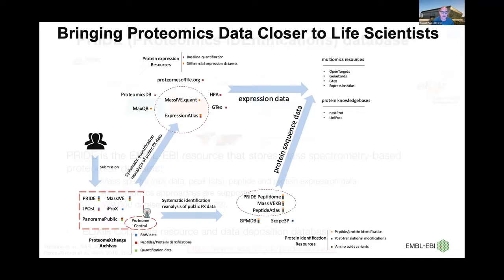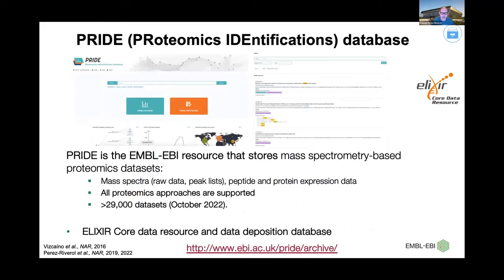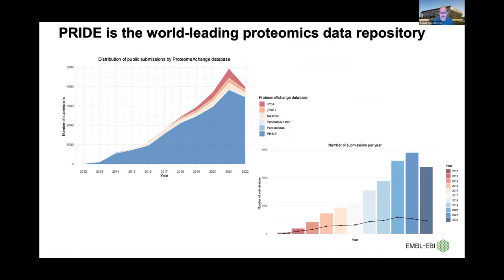As I said, PRIDE stores almost 29,000 datasets. It's actually the major archive of ProteomeXchange. But it's not only about the volume, there is also a lot of integration between the archives.